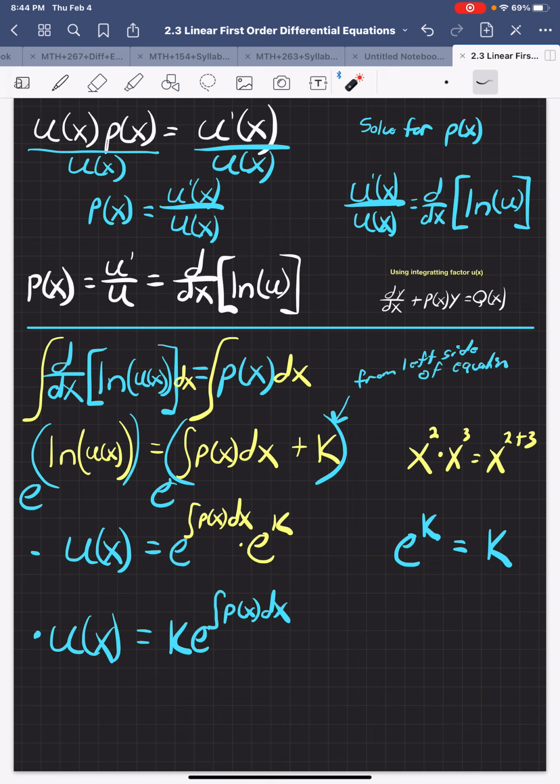What I need you to be able to do right now is just understand the following, and then we'll take a break. That there is a function out there, which we call the integrating factor, and it's a specially chosen function that can help you solve first order differential equations. And finally, we define this special function as the following.